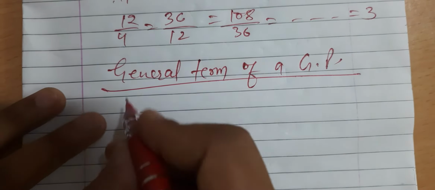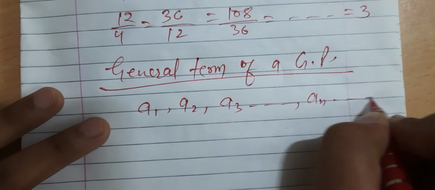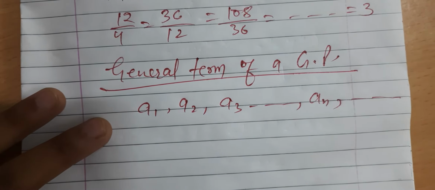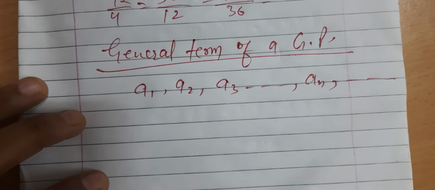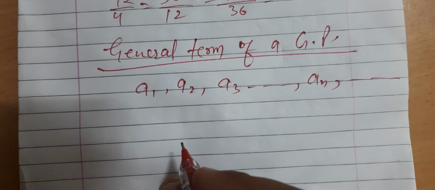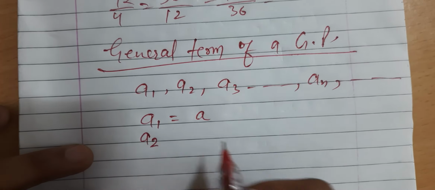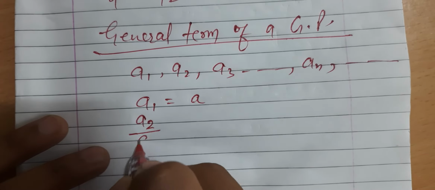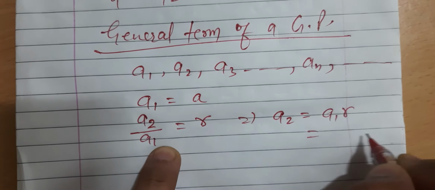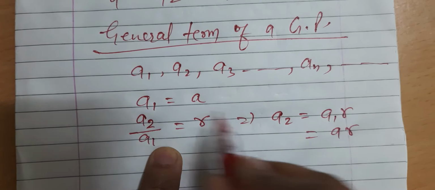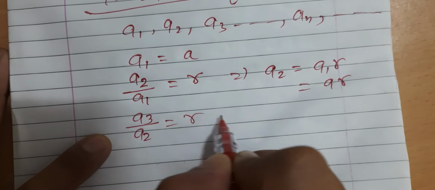When you observe the GP A1, A2, A3, AN and so on, the first term is A1 and we take the first term as A. So A1 is A, and we know that the ratio of A2 and A1 is R. So A2 equals A1 multiplied by R, which we can also write as AR because we have taken A1 equals A. Similarly, the ratio of third term and second term is R, constant.